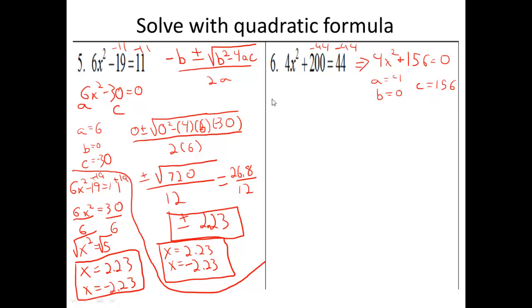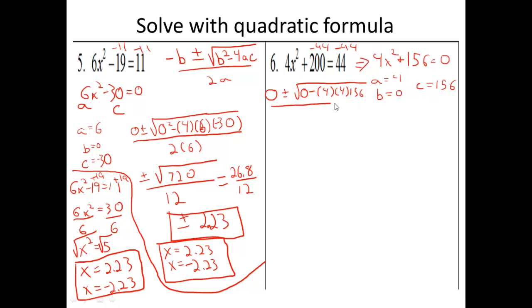Plugging everything into our quadratic equation, b is 0 again, plus or minus the square root of b squared, which is again 0, minus 4ac. So we have 4 times 4 times 156.